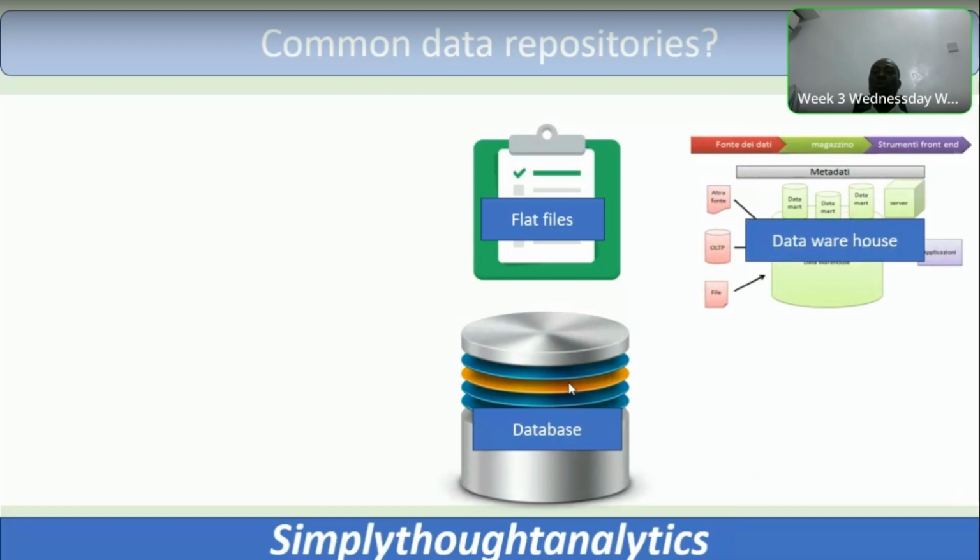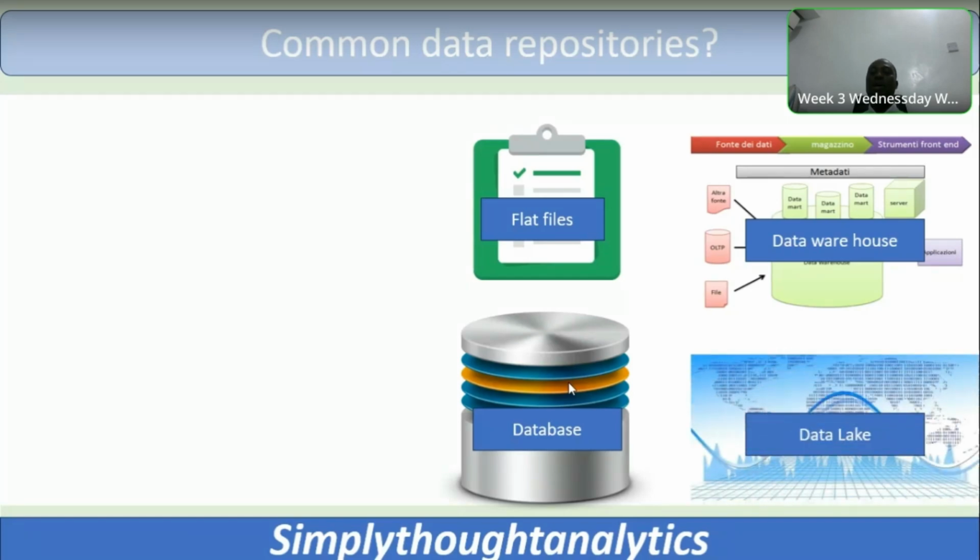You remember warehouses in the industries and in the companies where they store all sort of equipment and everything. A data warehouse is basically a place where you have several databases. We are still going to be looking at it later. And then we have data lake. And as you can see, this is a lake of data. We are still going to be talking about it.